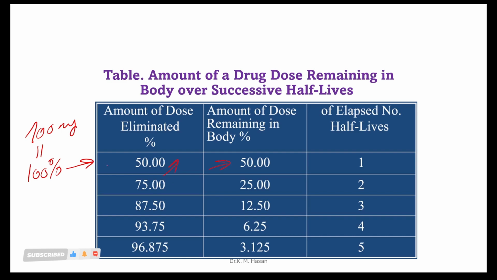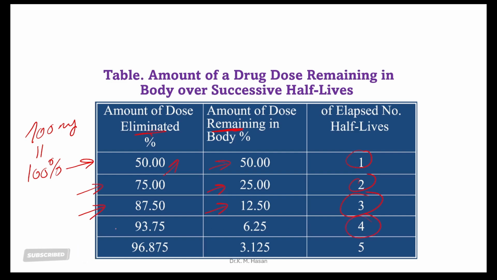After the second half-life, 75% will be eliminated and 25% will remain in our body. After the third half-life, 87.5% will be eliminated, 12.5% will remain.